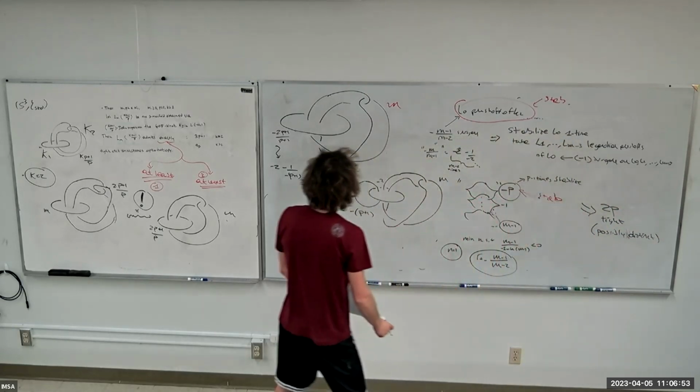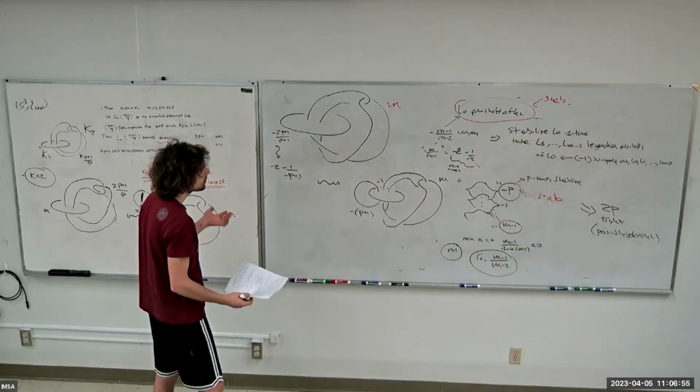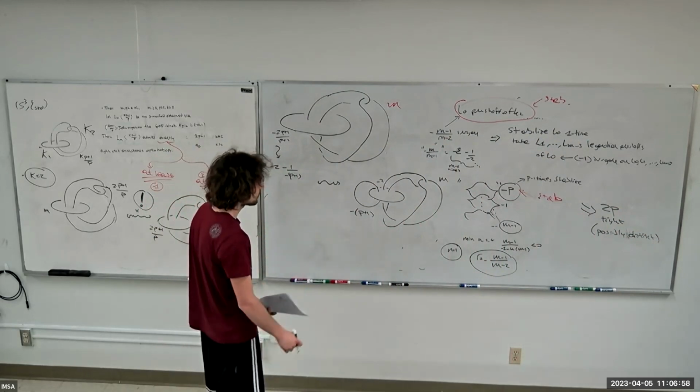So all in all, together with the p+1 that I constructed before, I get 3p+1 tight contact structures.